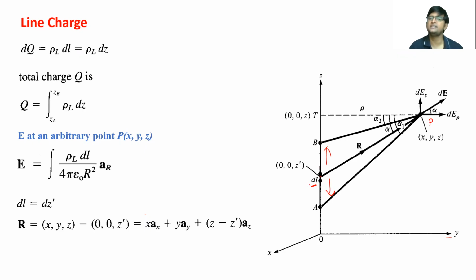So what is essentially changing is this value Z dash, from point A to point B. So if you take this DL, you will consider dz dash, because you are essentially changing the value of Z dash.